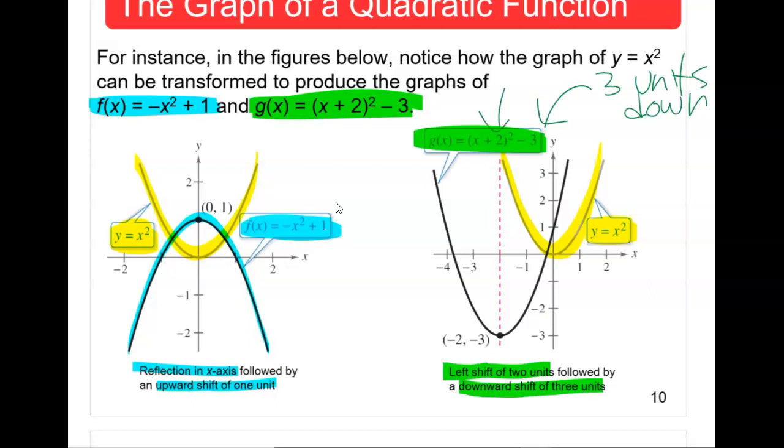The plus 2 is 2 to the left. Remember, horizontal shifting is counterintuitive. So the vertex, from being at 0, 0, actually moved to -2, -3, and you can see the point right there. And by the way, this is another form of the parabola. It's called vertex form.